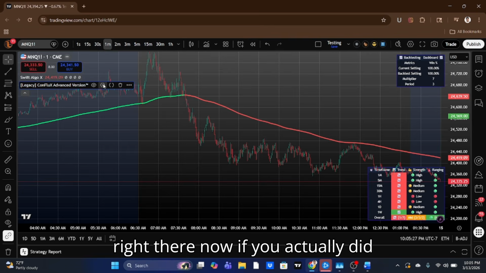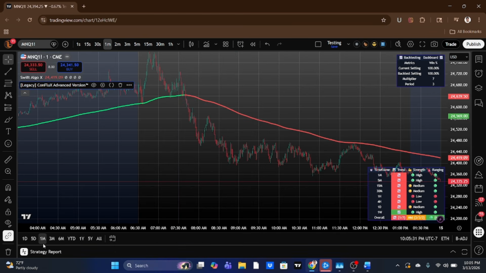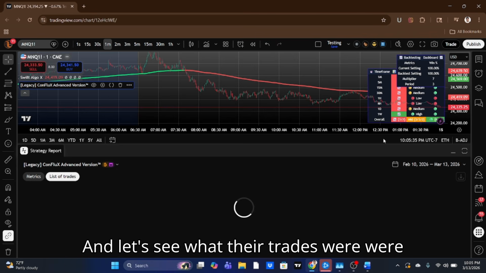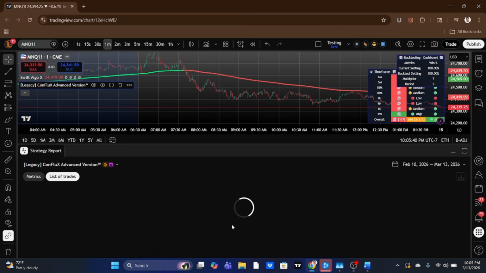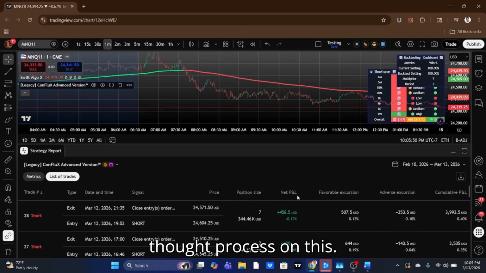Now, if you actually did uncheck this, for example, and let's see what the trades would be like. But that's kind of like my thought process on this.